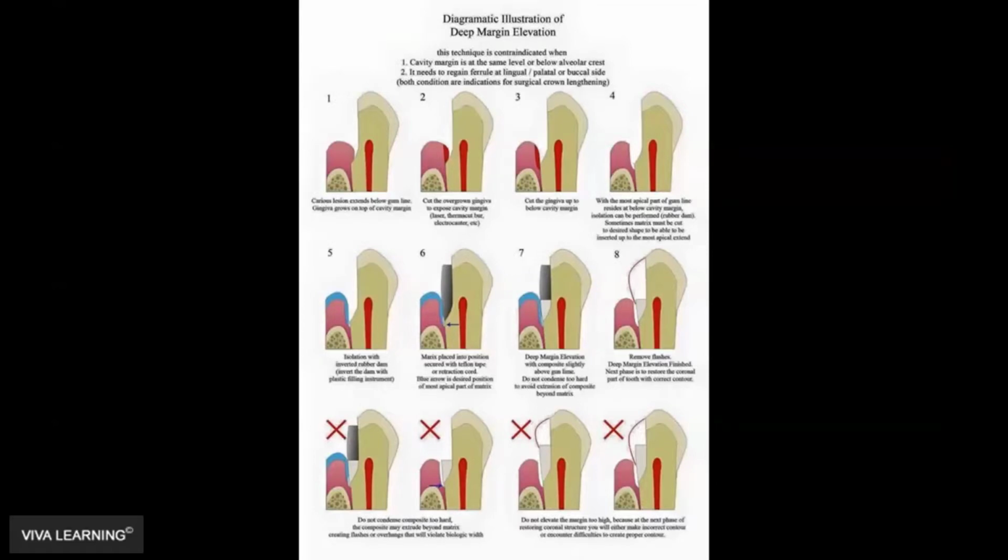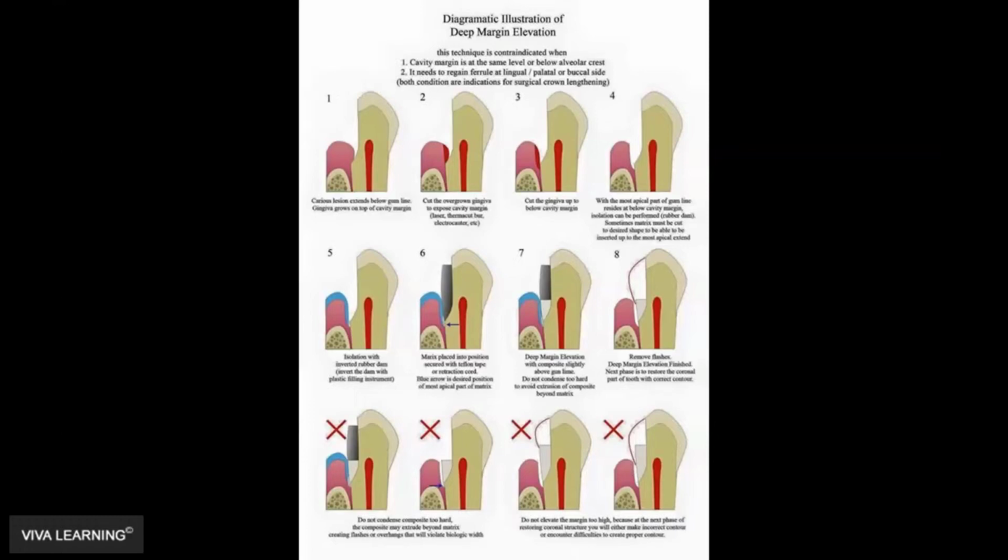But Zach is talking about Magné's article where he suggests that marginal elevation doesn't necessarily need to abide by biologic width parameters. My thought on that is that over the years, I've done a lot of crown lengthening.